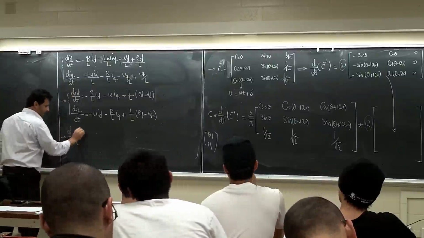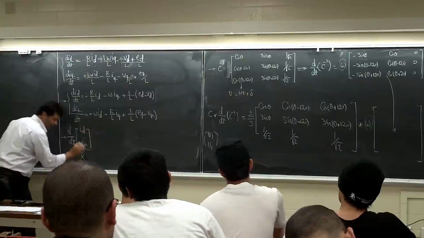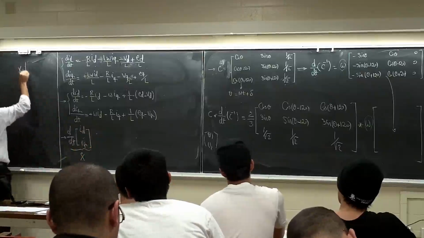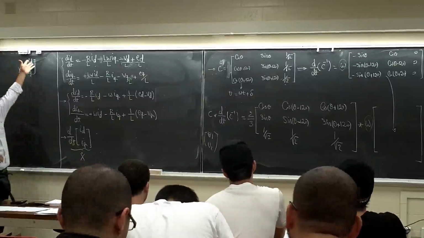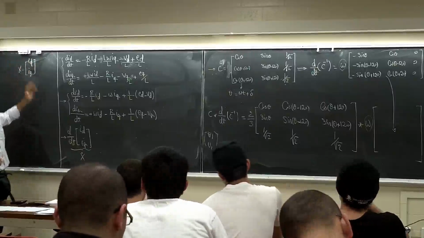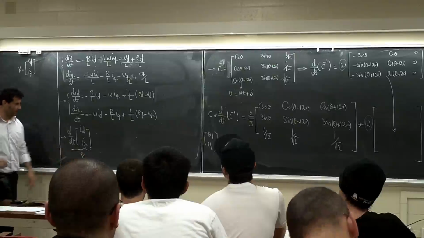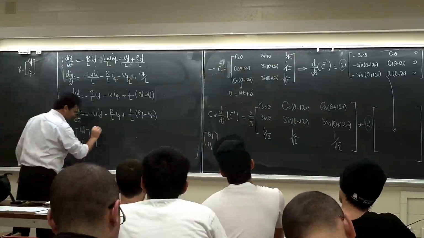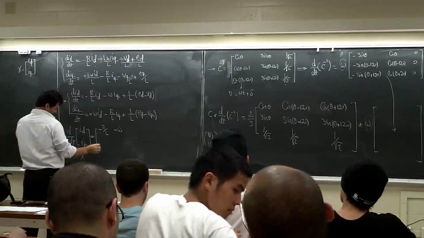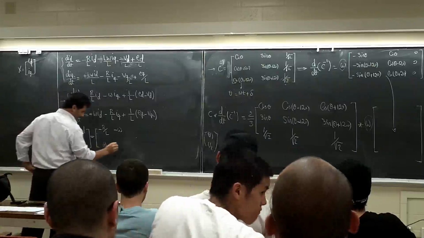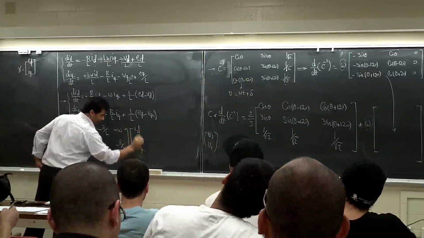D over dt of ID, IQ, this is the x dot. What is x? x is ID, IQ. x dot is d over dt of ID and d over dt of IQ. Dot means derivative, an abbreviation we use here. It is equal to the matrix minus R over L, minus omega, omega, minus R over L, times ID, IQ.